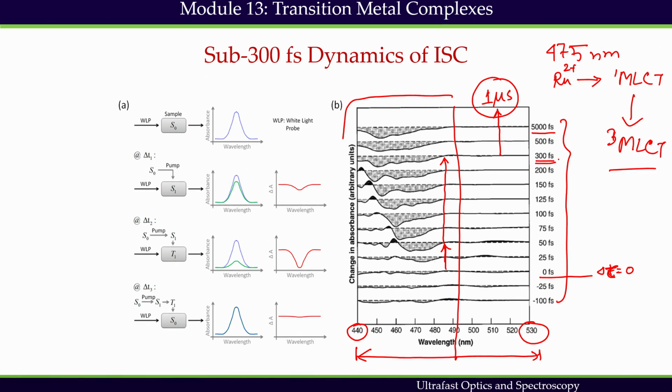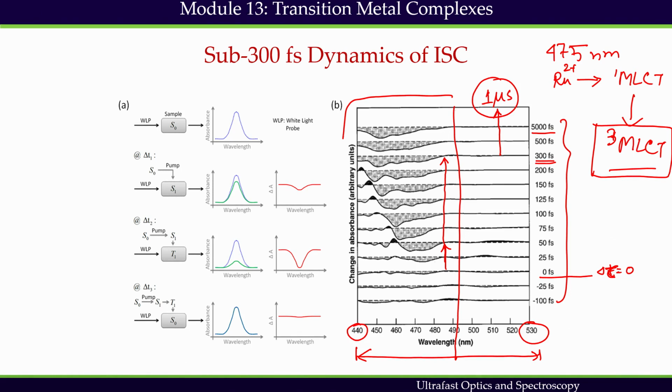So, the argument from this experiment we can give is that by 300 femtosecond time, we have prepared this 3MLCT state, this triplet state already, which is a long lived species and it's staying in the triplet state until the 1 microsecond time scale.